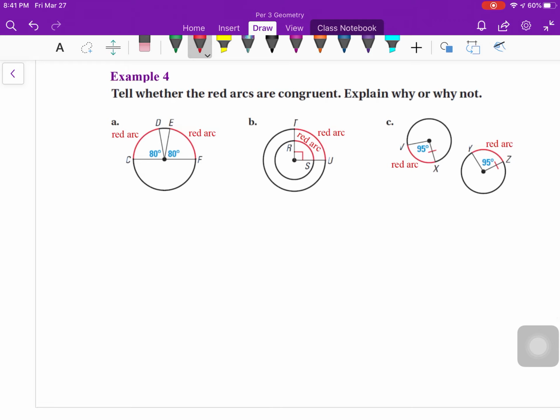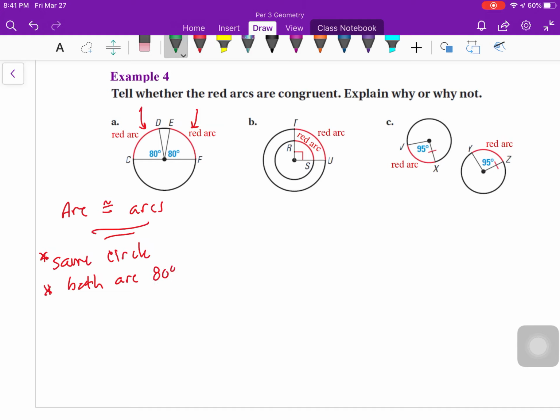So when you look here in example 4, these two red arcs, they are congruent arcs. They're in the same circle, and both are 80 degrees. However, in B, these are not congruent arcs.